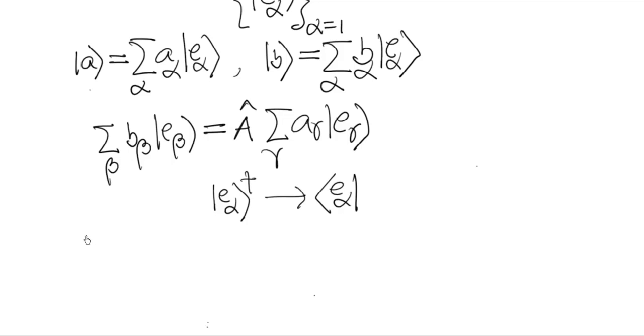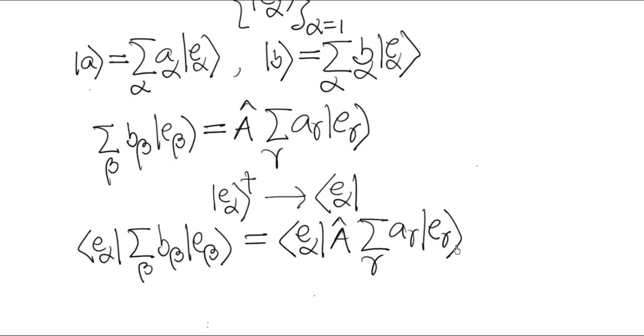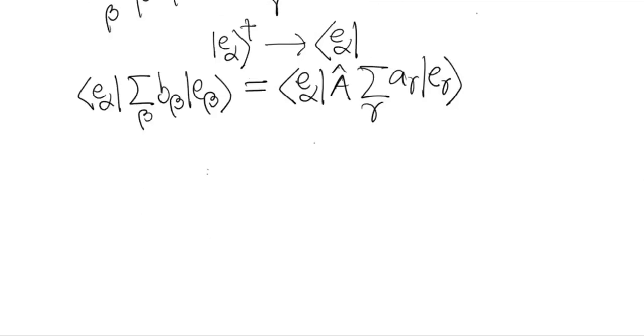So we have, taking the summation outside the bra, and this b beta is a complex number, so we can bring this one also outside the bra.